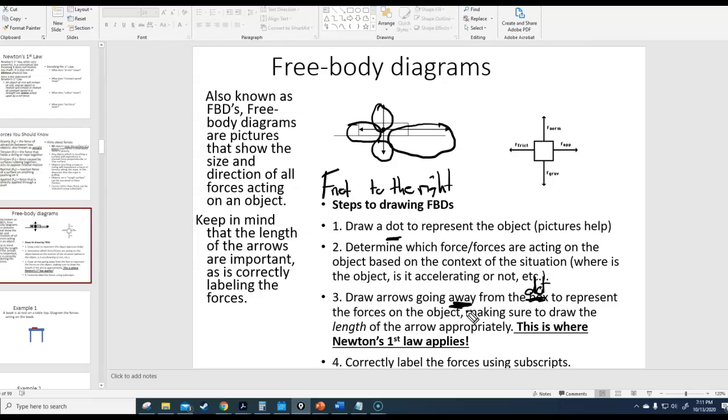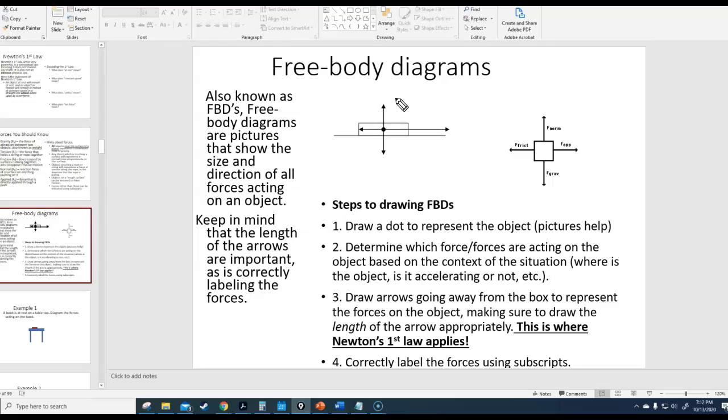Going away from the dot to represent the forces on the object, making sure to draw the length of the arrow appropriately. This is where Newton's first law applies. We'll do some examples so you understand what that means. But basically, if the object is at rest, or if the object is moving at a constant velocity, that means you have to draw the free body diagram with a net force of 0. I'll show you what that means. We'll do lots of examples with this. And then you correctly label the forces using subscripts.